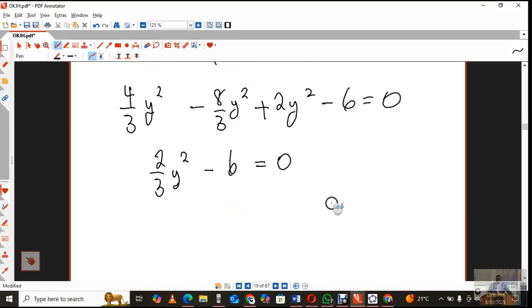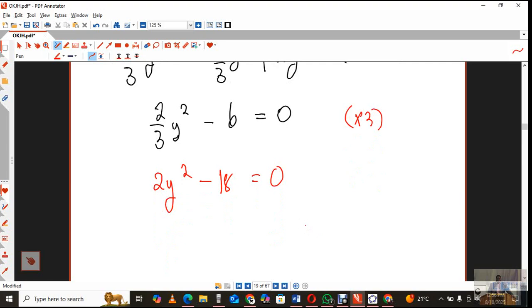Now let's multiply by 3 to get rid of that fraction. So we're going to multiply throughout by 3. That's going to leave 2y squared, and 3 times 6 is 18, is equal to 0. Then this is obviously taking out a common factor. This is 2 y squared minus 9 is equal to 0.